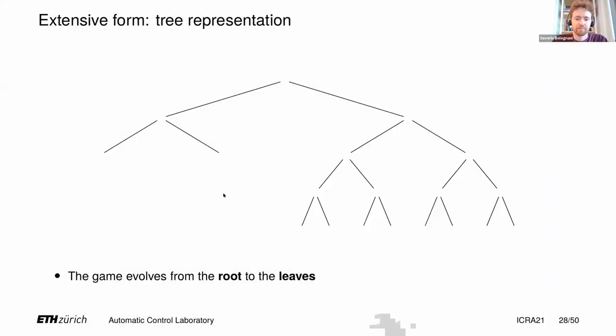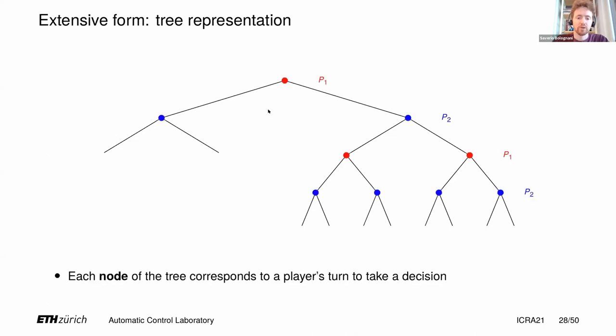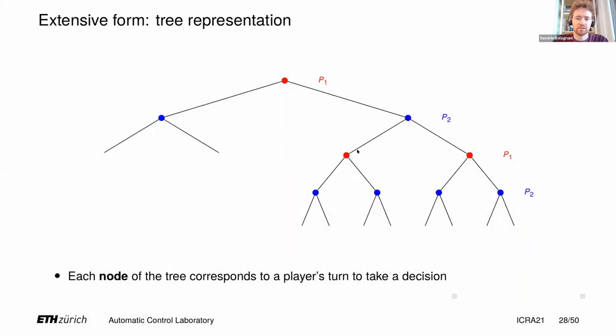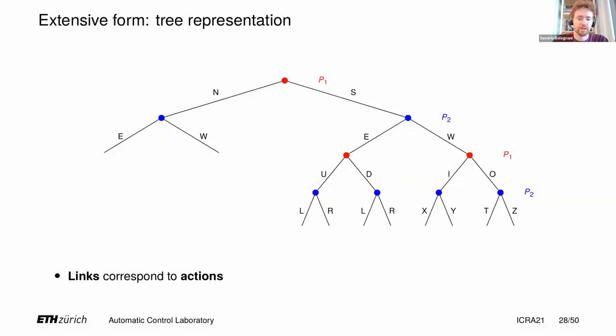Each node of the tree is a player's turn to take a decision. So in a two-player game, which is the example I'm using for now, first player 1 has to take a decision, then player 2, then player 1 again, and then player 2 again. So it's 2 decisions each in this case.